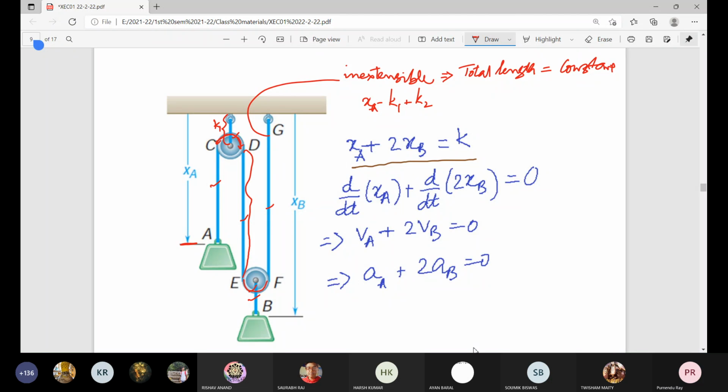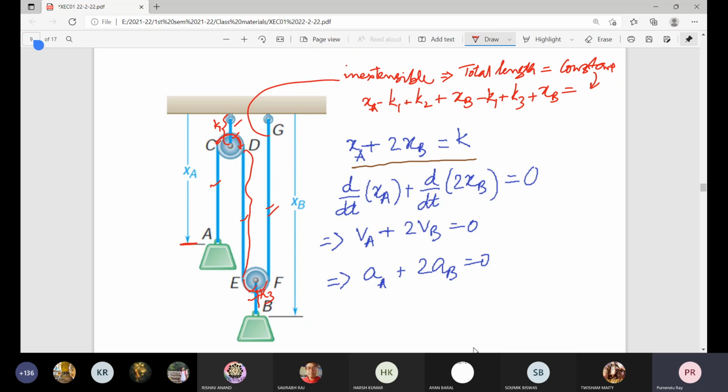This is XB minus this distance K1 plus this distance constant half perimeter, maybe it is K3, plus this length, of course including this link part, that is XB.